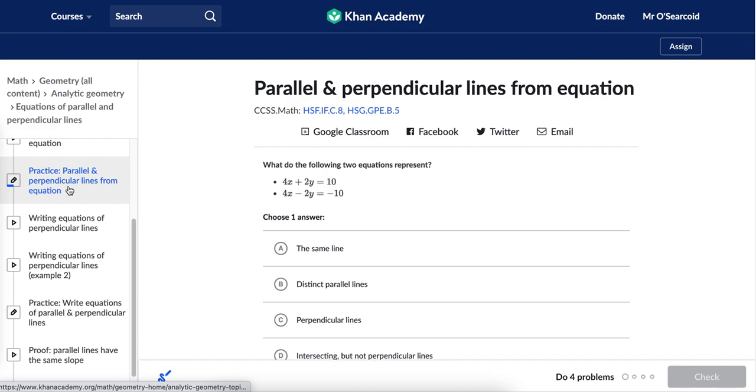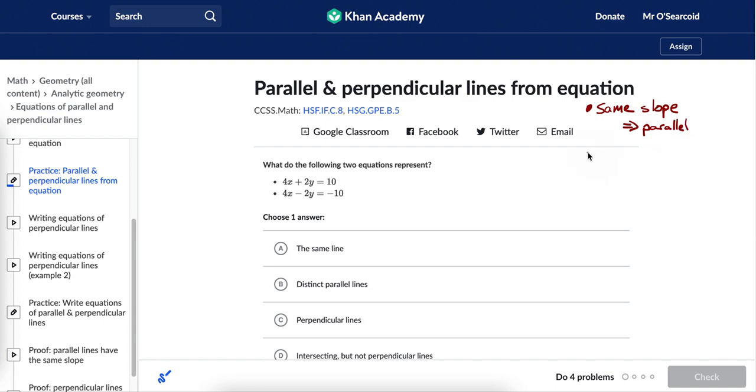So we have previously worked with the idea of parallel and perpendicular lines and how to recognize them from equations. Well, you know that two lines are parallel if they have the same slope. That's the first thing that we want to identify: the same slope implies that we have parallel lines.